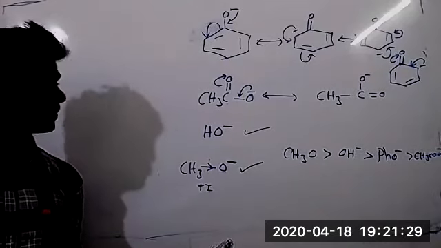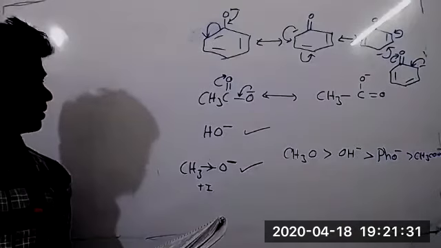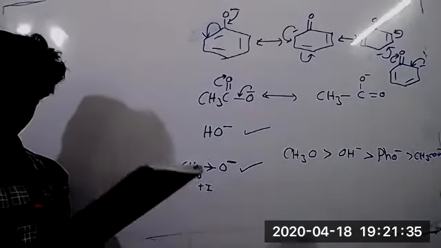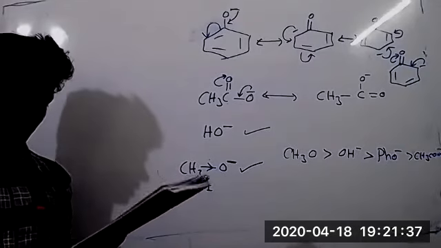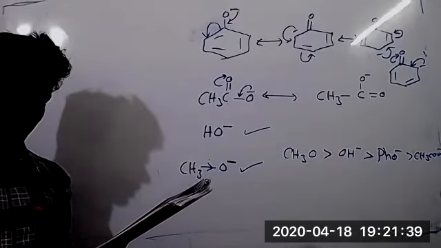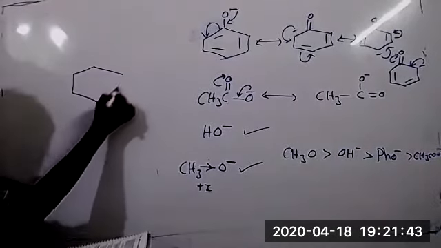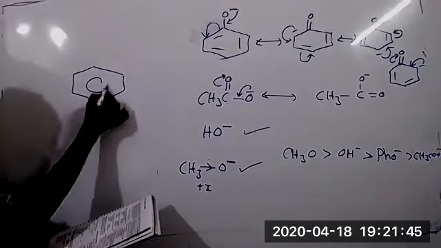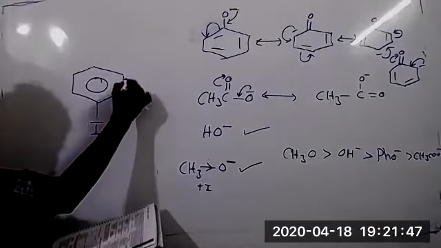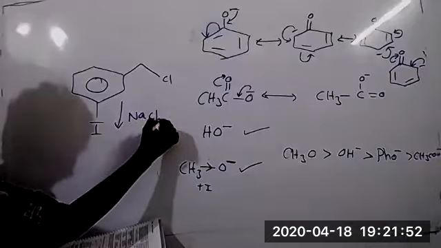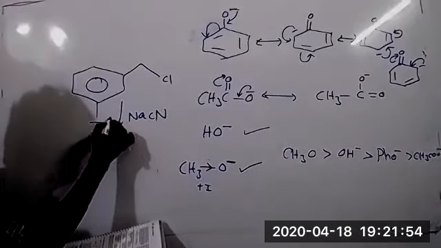53. The structure of the major product formed in the following reaction is, reaction with NaCN, sodium cyanide, in the presence of the solvent DMF.